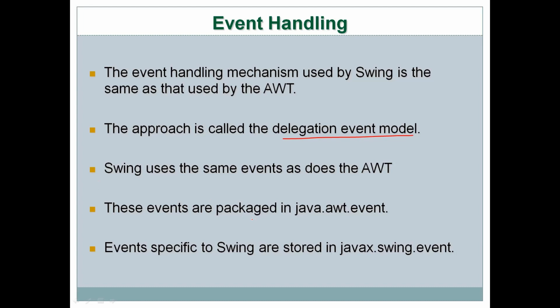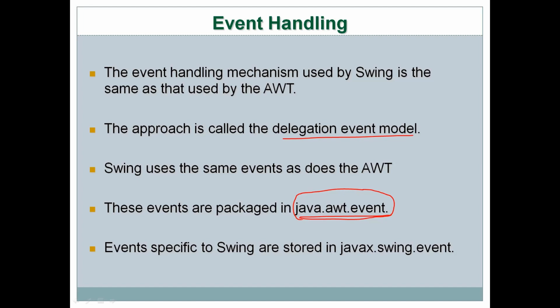All the events are packaged in a package, java.awt.event. So if you are writing a program in Swing which handles events, then you have to import the package java.awt.event. This is the same package which we have used in AWT as well.